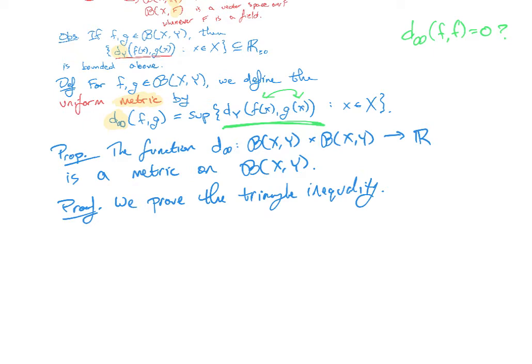Okay, so we need to take 3 functions. We'll call them f, g, and h. Now, really the only thing we have to use is that we've got a triangle inequality on y. So let's pick a point and use the triangle inequality on y.